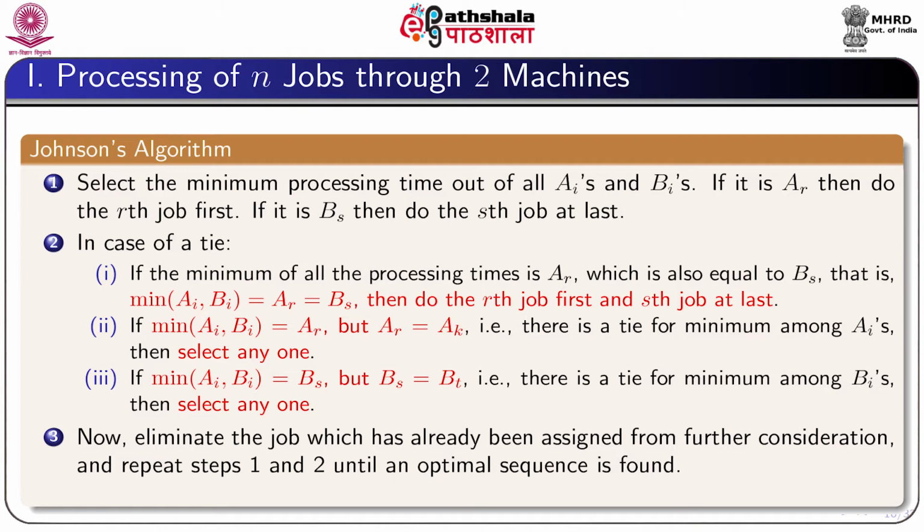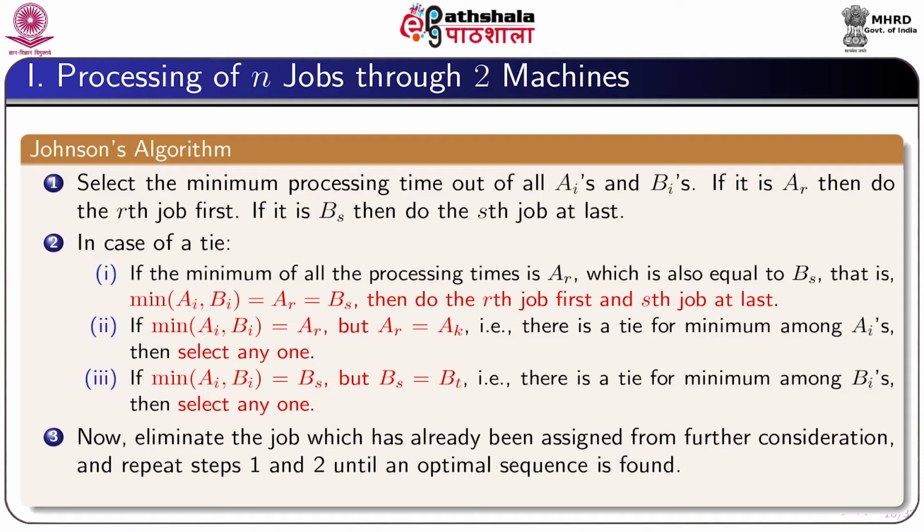Now, if minimum of Ai, Bi equal to Ar, but Ar is equal to Ak, that is, there is a tie for minimum among Ai's, then select any one. And if minimum of Ai, Bi equal to Bs, but Bs equal to Bt, that is, there is a tie for minimum among Bi's, then also select any one.